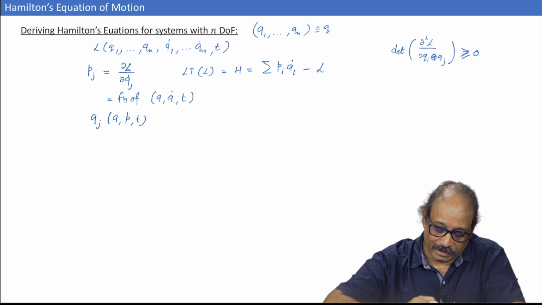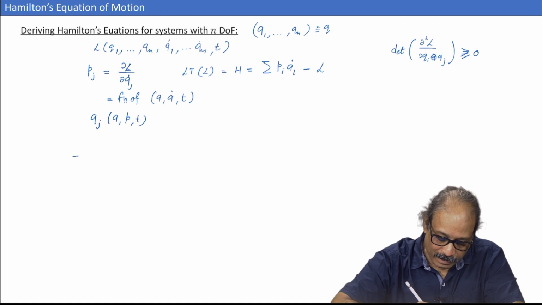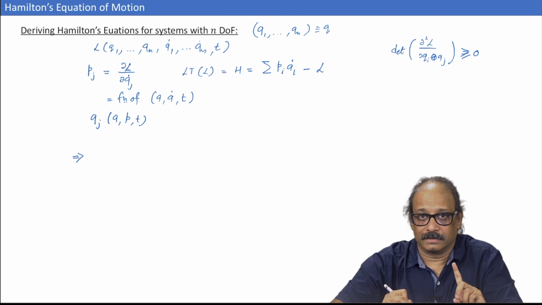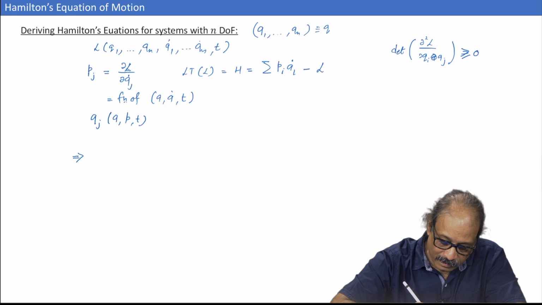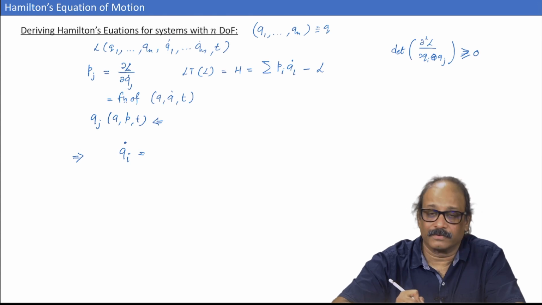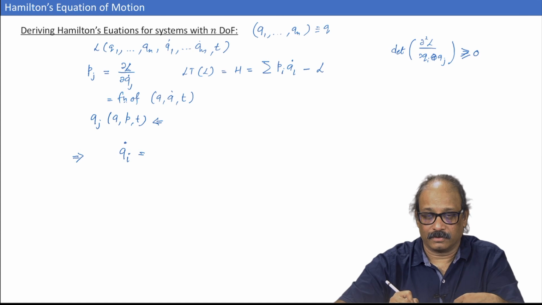Okay. Fine. And in this case, I will ask you to derive these equations and show that we get 2n first order differential equations. Remember this equation actually is a restatement of the q dot functions here.